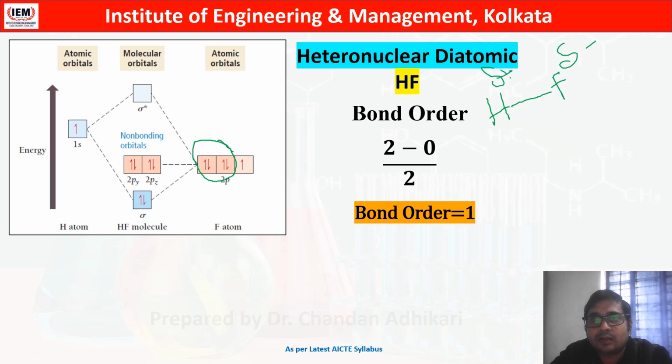The reason is that from this MO diagram, the molecular orbitals are very close to fluorine, so most of the electron density will stay on fluorine. The bond order will definitely be 1, because there are 2 bonding electrons; the non-bonding ones we do not consider. So 2 bonding, no anti-bonding, 2 minus 0 by 2, 1. That's why it has a single bond.